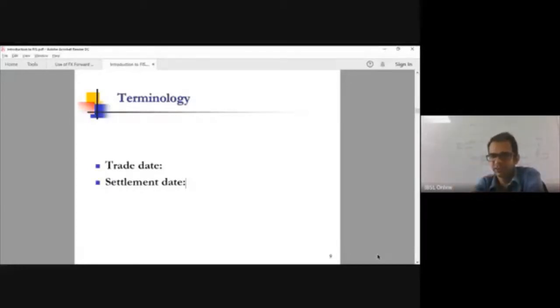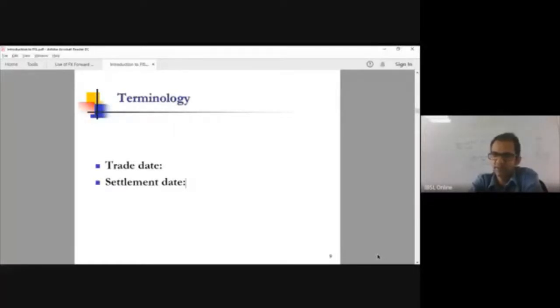Now you know the difference between primary market and secondary market. Even in the primary market, the trade date and the settlement date are 2 different days. In the secondary market also the same concept is followed. In Sri Lanka, if you do a government security transaction today, the transaction will be settled in 2 days' time.